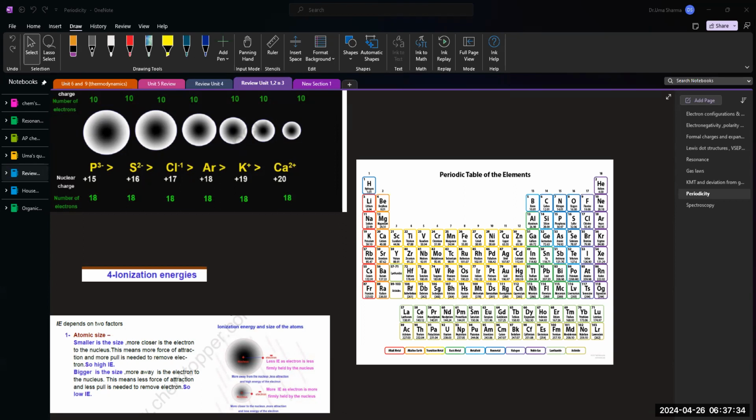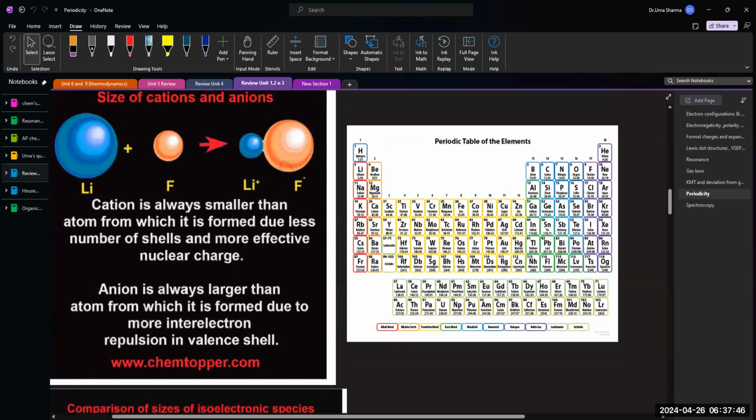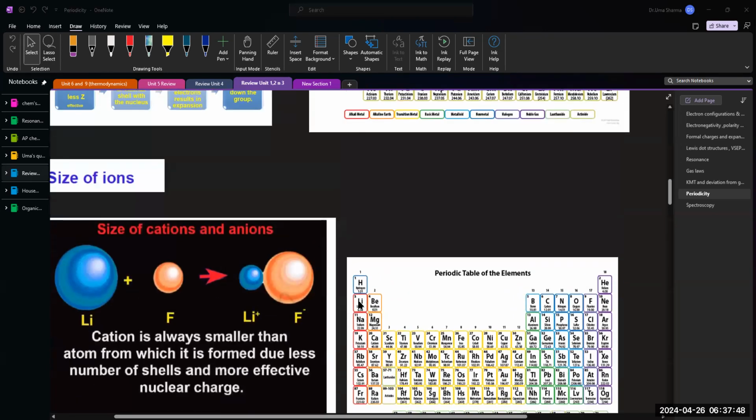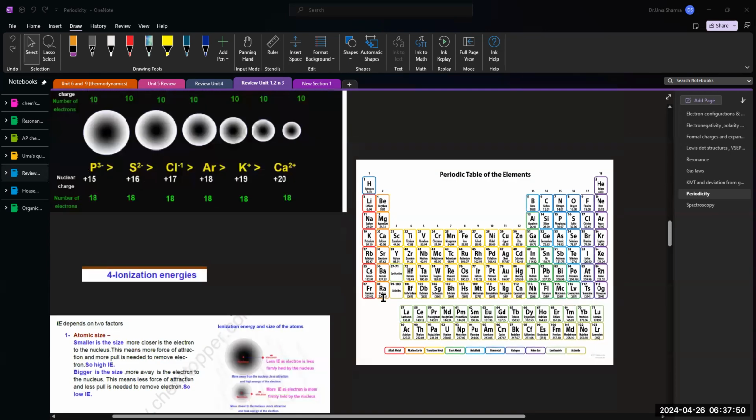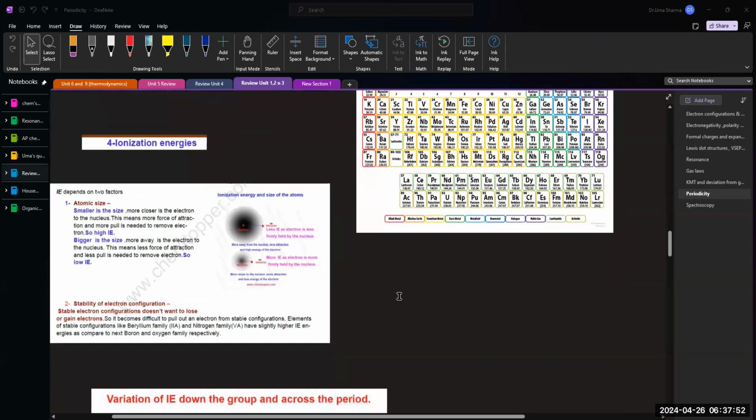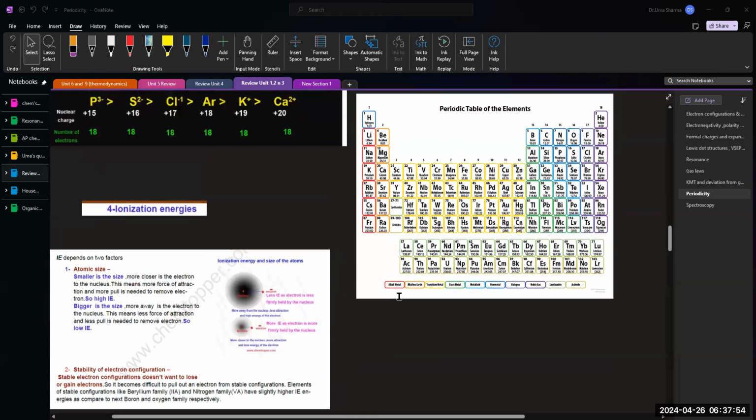There are more shells. More shells means bigger size. These pictures are from my notes. So children, please, everything is available on the website. I cannot provide you everything here. So check my notes and start memorizing. Finish this particular topic this weekend.